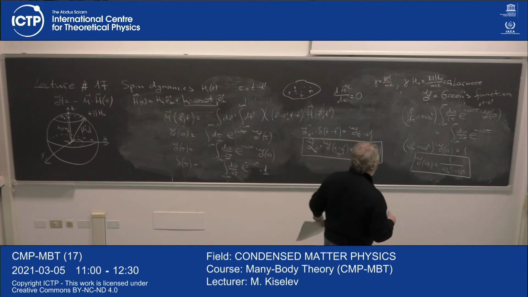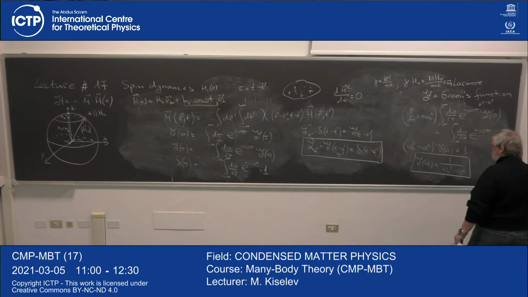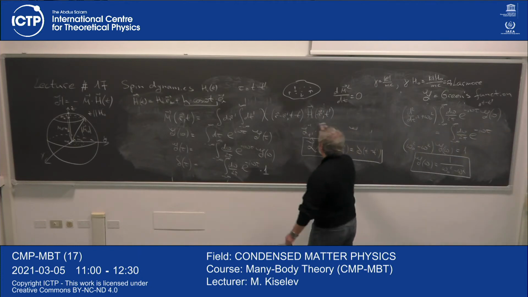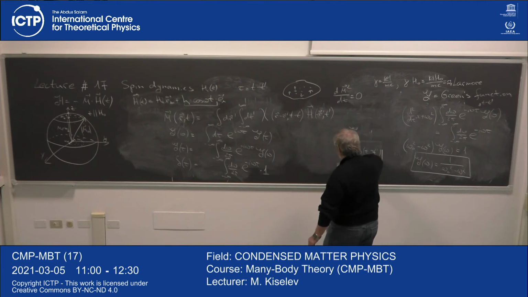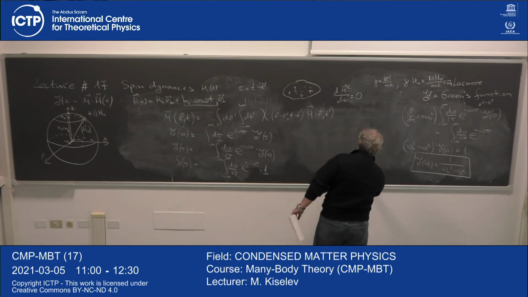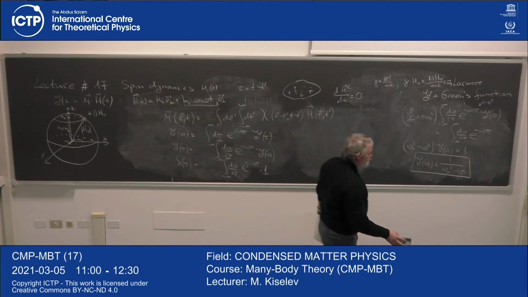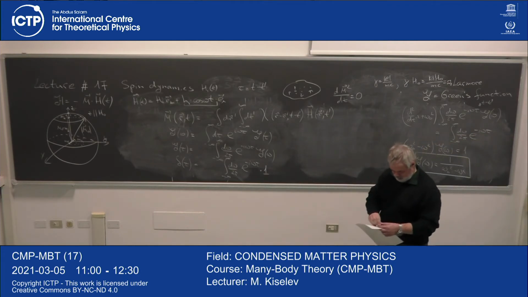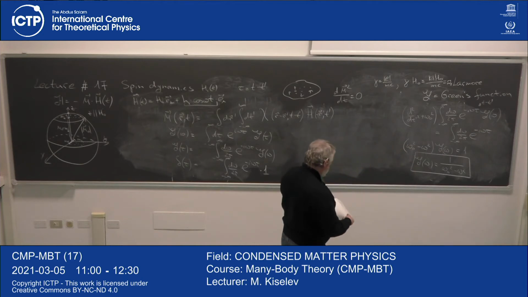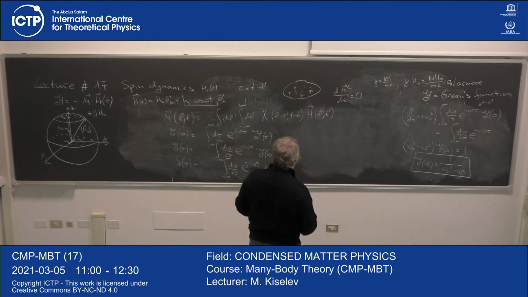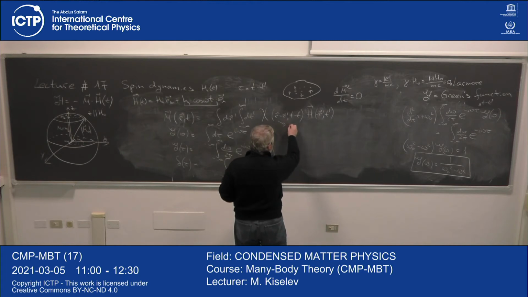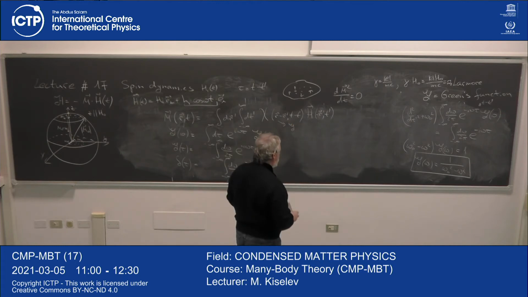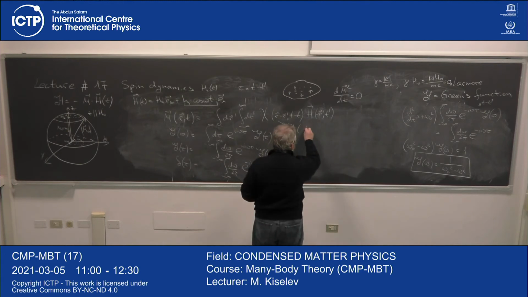And here I come to a very important and physical question, because the form which I wrote here is still not fully defined. What I'm saying is, I'm going to connect susceptibility with a Green function, which also depends on t minus t prime, and this is tau.